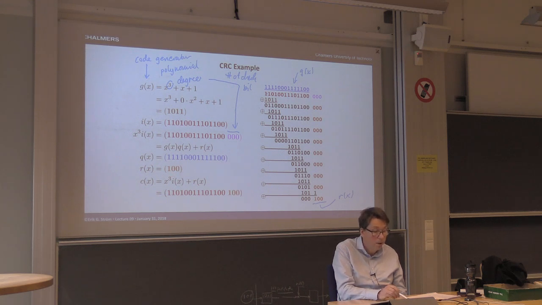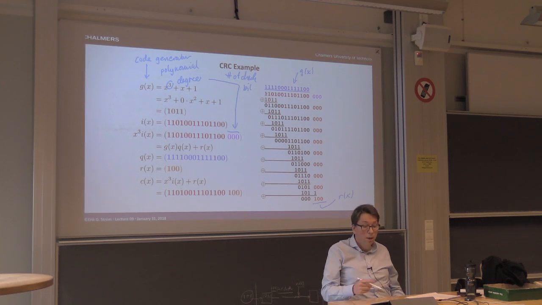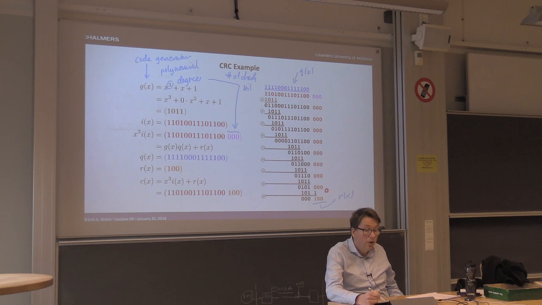And why is that? Well, it's because the code word consists of the information bits, the red bits, plus the remainder at the end. Okay. And this calculation, which is done here, is very easily done by shift registers and so forth.